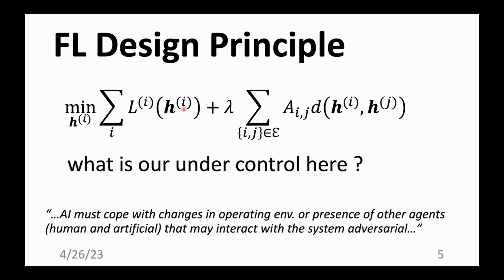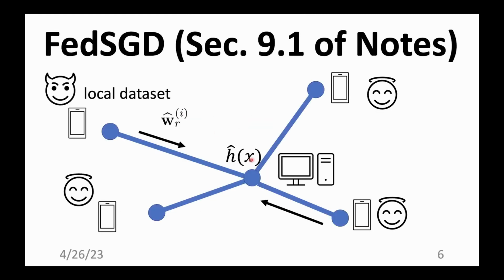And in particular, when we look at this federated learning design principle, so how we get federated learning algorithms is then by applying optimization algorithms to solve this. And these optimization algorithms, like described in section 9 of the lecture notes, they are based on message passing. So in one of these algorithms called federated stochastic gradient descent, these messages are actually local model parameters.